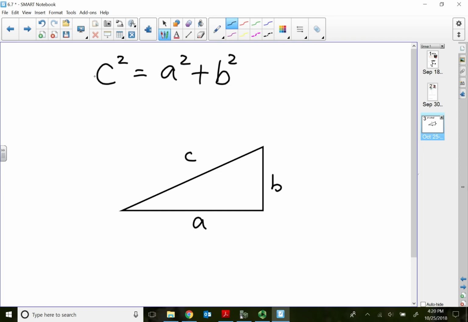So C squared means there is a square using the side C. I might not draw this square perfectly.